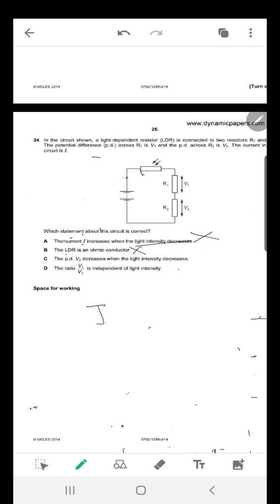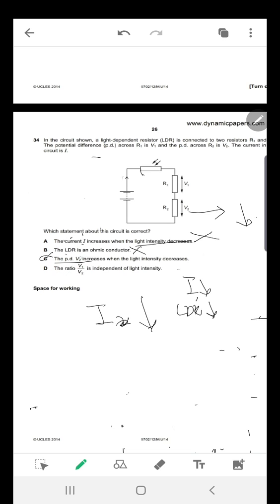Since I decreases, it means that my LDR light intensity is also decreasing. If the current is decreasing, the potential difference across V2 will also decrease. So C is also incorrect.